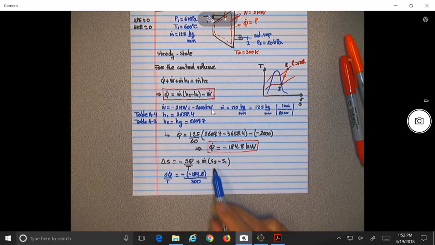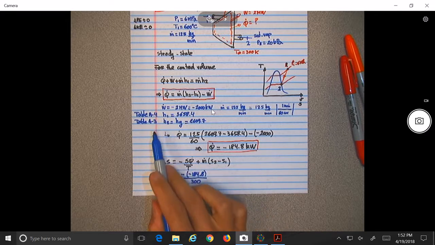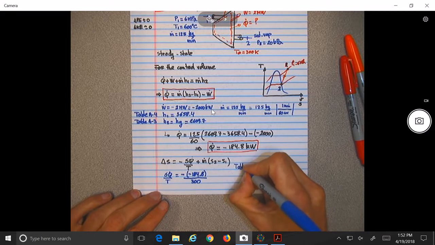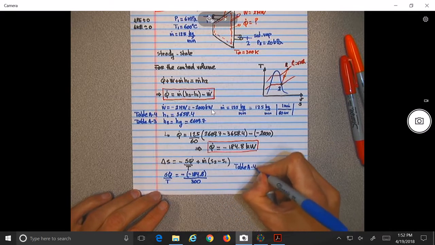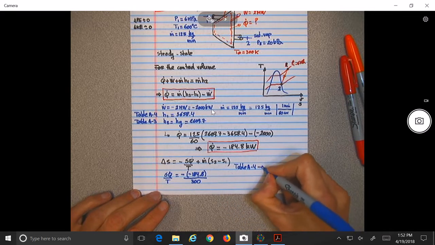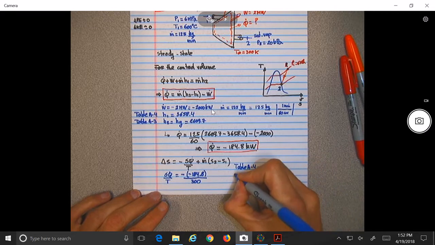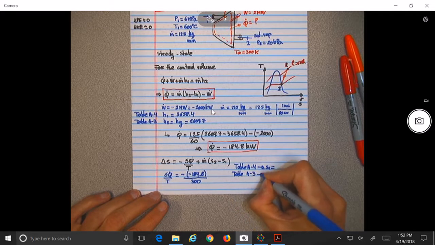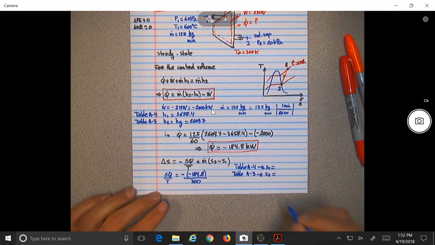From where do we find S2 and S1? Table again A3 and table A4, no? So you want to put it here. Table A4 should give us what? S1. Table A3 should give us S2.